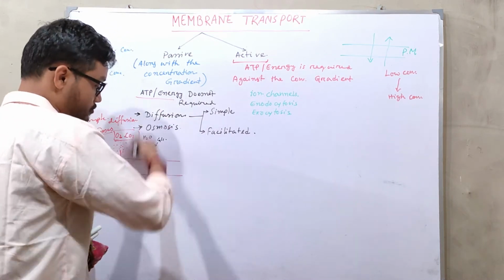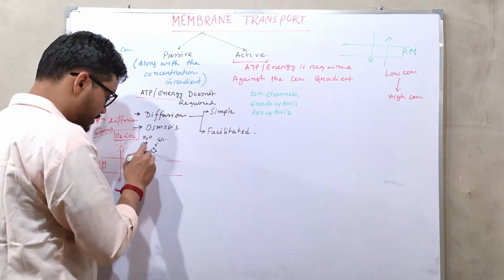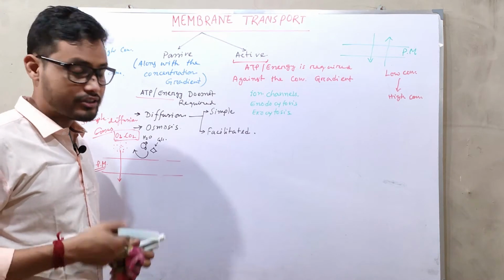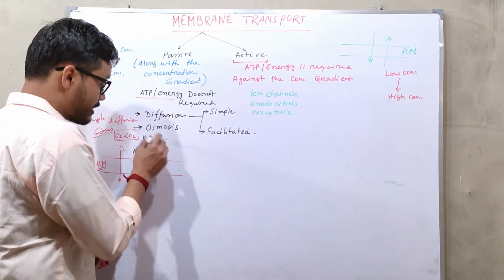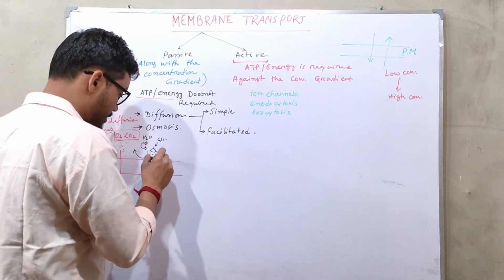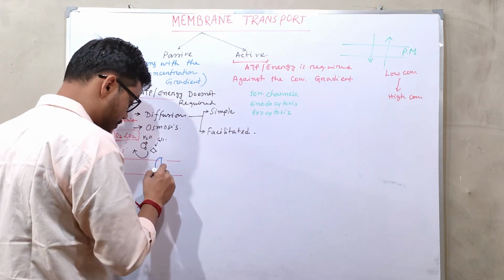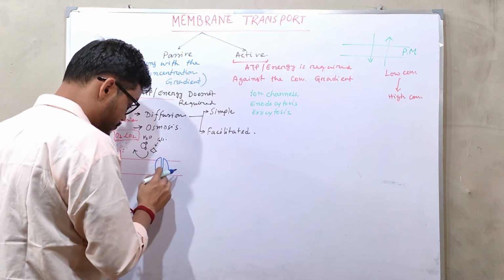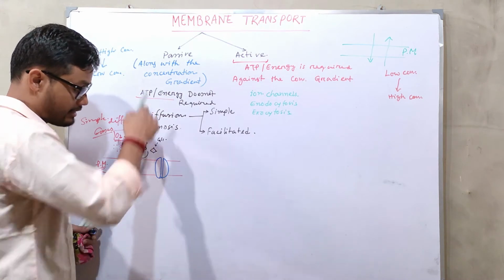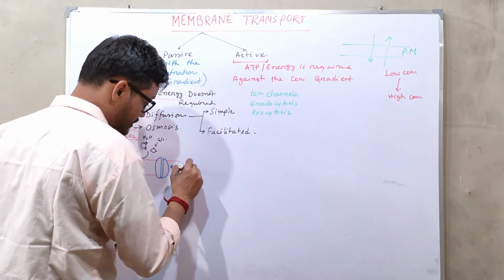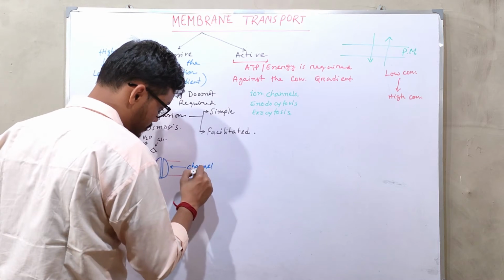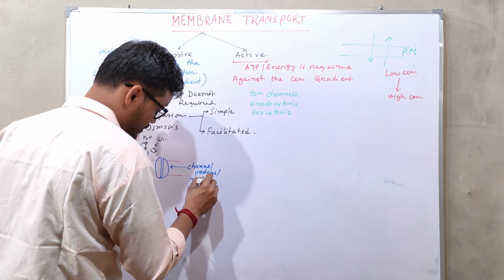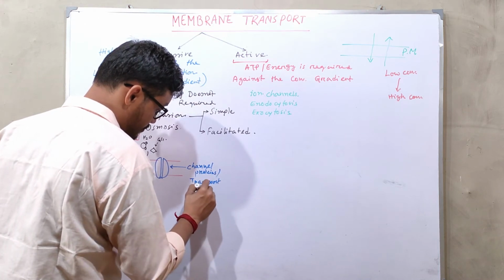Then a carrier protein or channel protein helps transport those molecules from one side of the membrane to the other. These are the channel proteins or transport proteins.